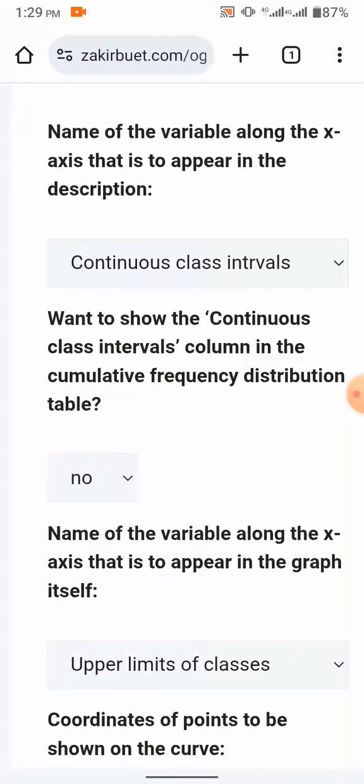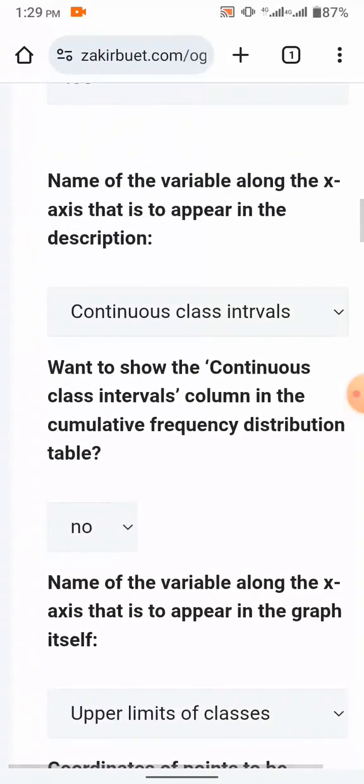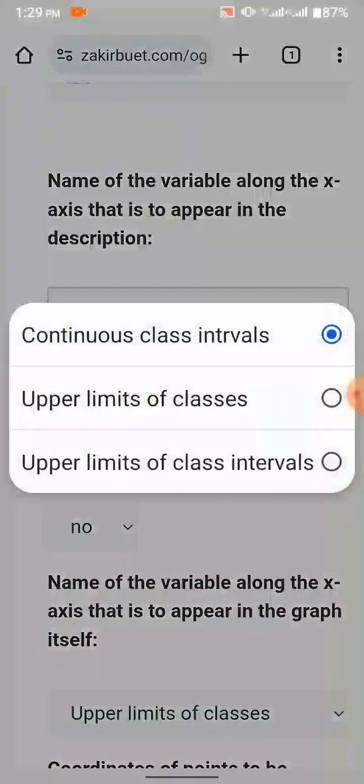Okay, also some other options. If I choose to read all of them, it will take a lot of time. Simply let me read this. Name of the variable along the x-axis that is to appear in the description. And you have two, maybe 3 options for this: continuous class intervals, upper limits of classes, and upper limits of class intervals.